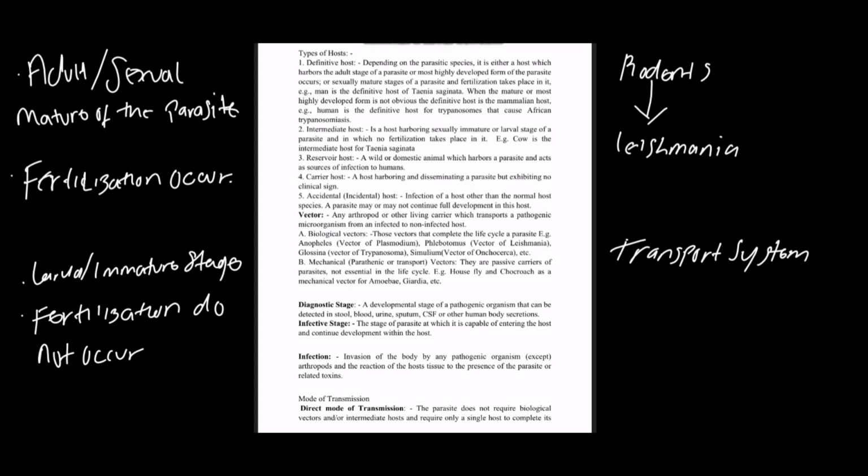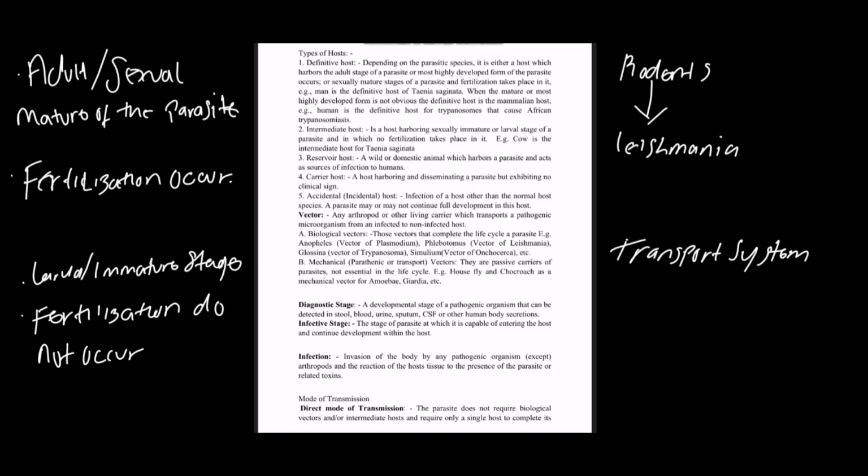In biological vector, the parasite develops or multiplies inside the vector. That is, the vector is very essential for the parasite life cycle.